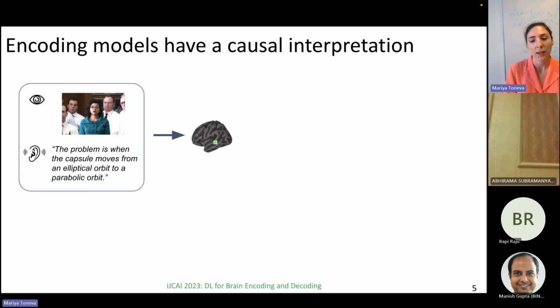So for example, if you are looking at a picture or you're even watching a movie, and we're scanning your brain response as you're watching this movie. So you're receiving both visual information from the video aspect and also auditory information from all the dialogue in the movie, as well as the different sounds that happen that don't have to do with speech. Then your brain is lighting up in some way that we can capture using, let's say, fMRI, which you have.